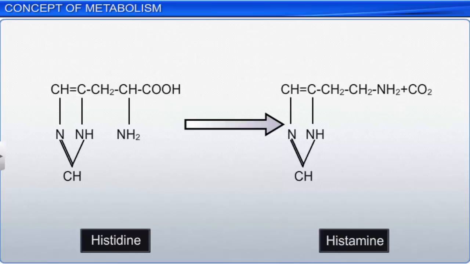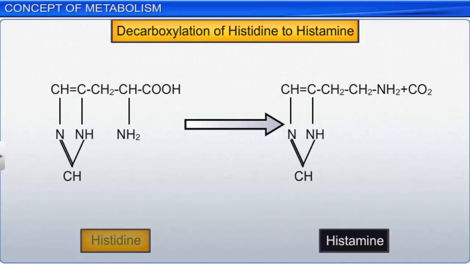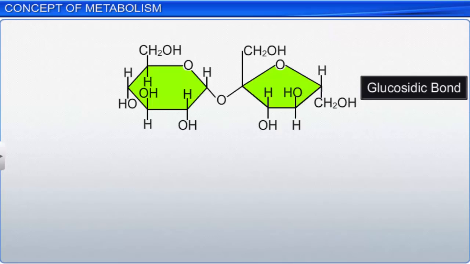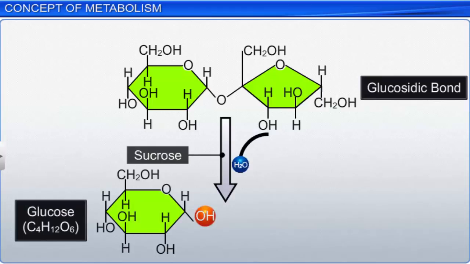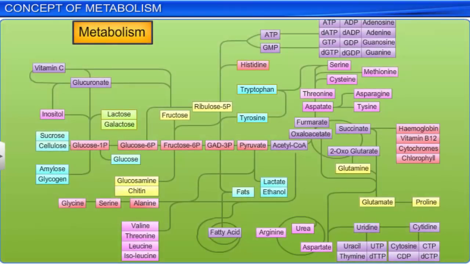For example, the decarboxylation of histidine gives histamine. Similarly, the hydrolysis of a glycosidic bond in sucrose yields glucose and fructose. Most of these reactions do not occur in isolation and are usually linked to other reactions.